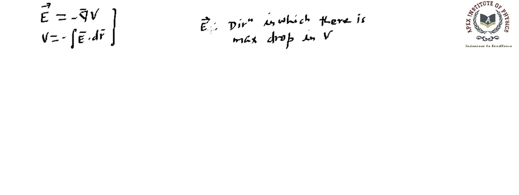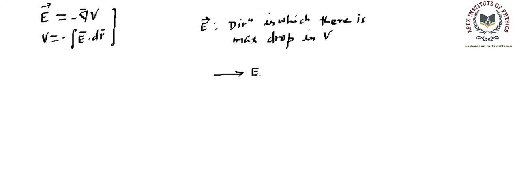So E is directed in the direction in which the potential drop is maximum. So the field has a direction of decrease of potential. That means if the field is in this direction, in this direction potential is going to decrease, and if we move against the field, the potential is going to increase.